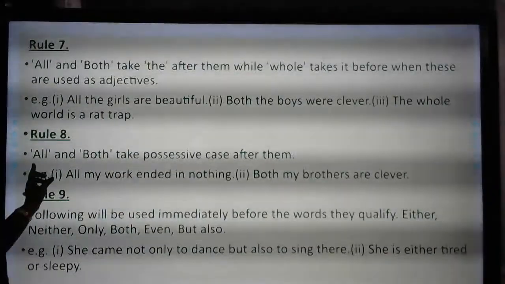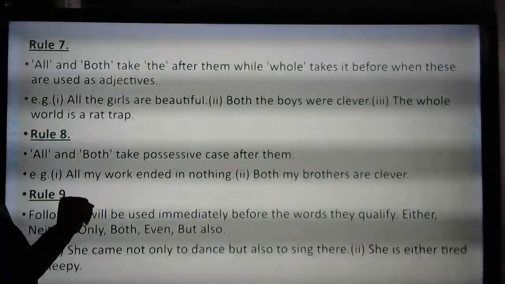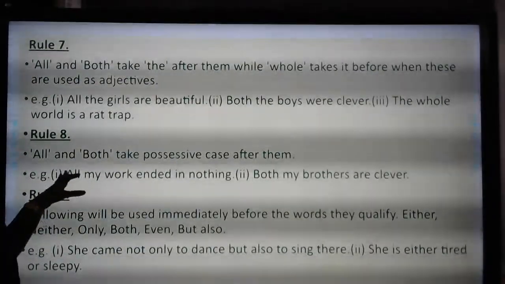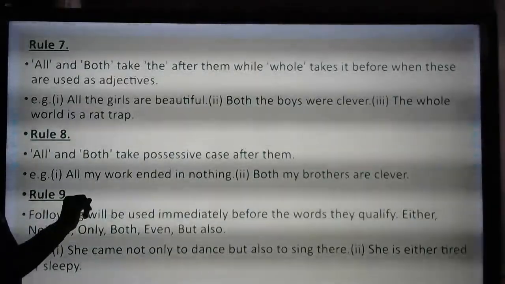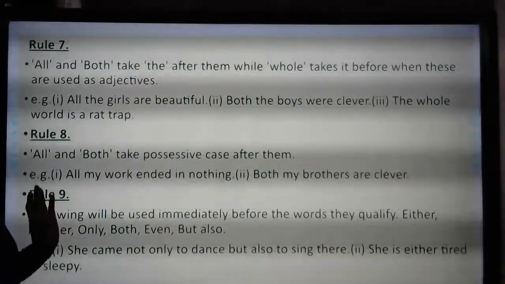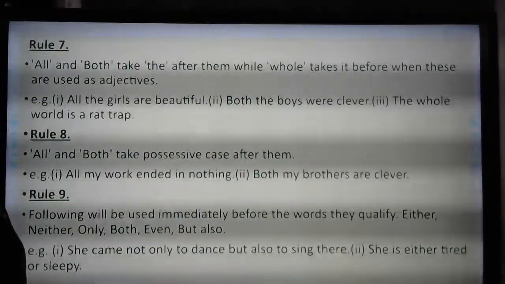Next rule, all and both take the possessive case after them. So how the possessive case is used, with examples you are able to understand that. See the first one. All my work ended in nothing.